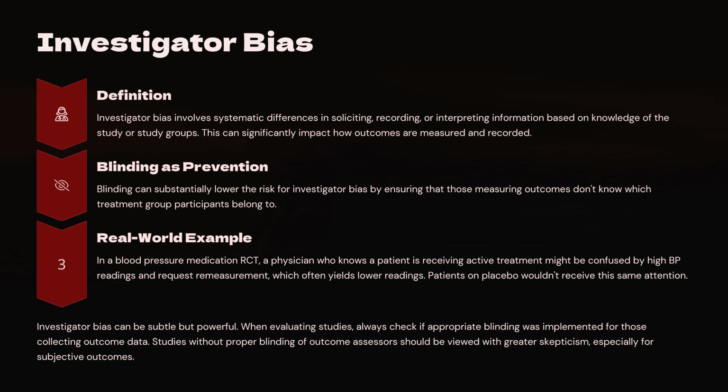Patients on placebo wouldn't receive the same attention. So an interesting application there of investigator bias that's not necessarily trying to influence the study, but just trying to understand why something's wrong. So actually identifying some sort of technical error, but still introduces bias.